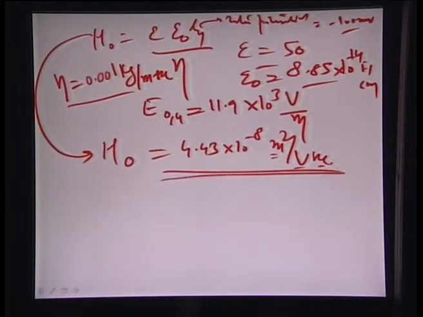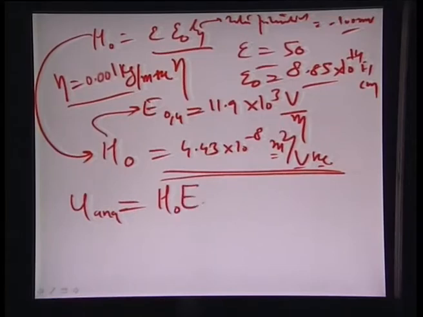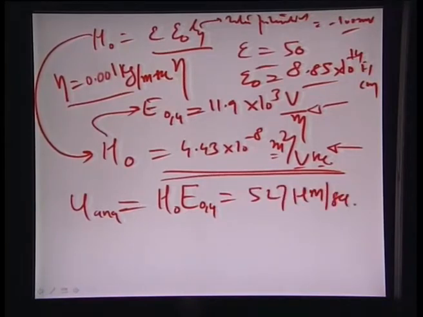Okay. So, we multiply that with the electric field here to calculate the flow velocity. The flow velocity of the analyte here is essentially mu 0 times E between 0 and 4, and if you apply these different values of mu 0 and E, this comes out to be about 527 micrometers per second.